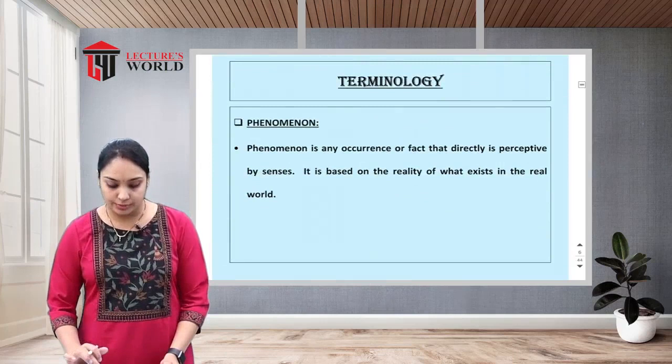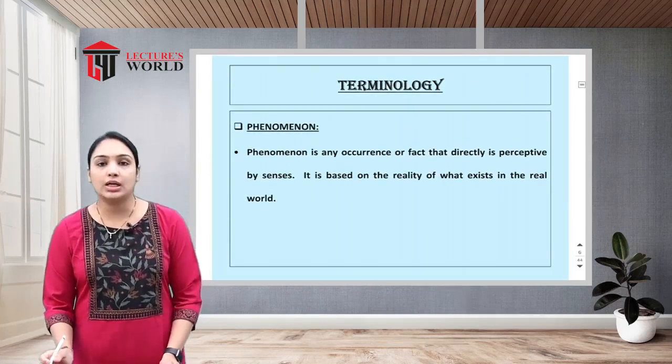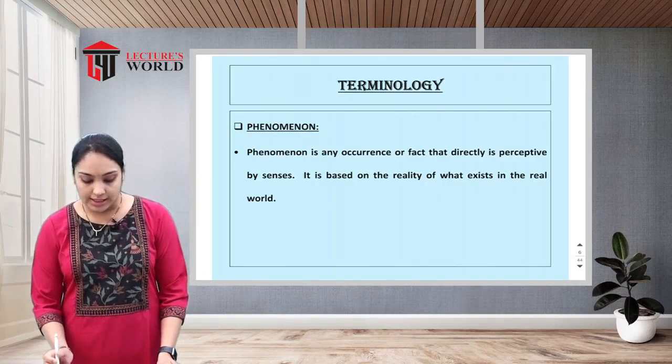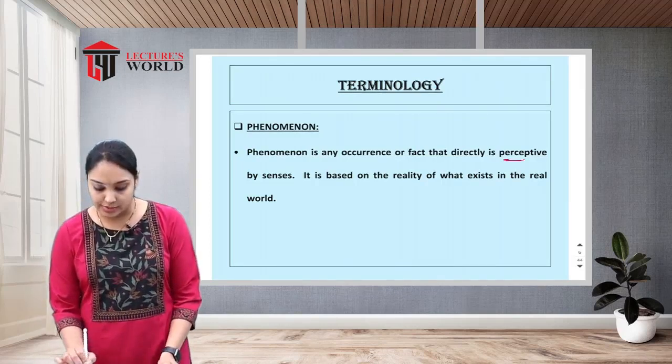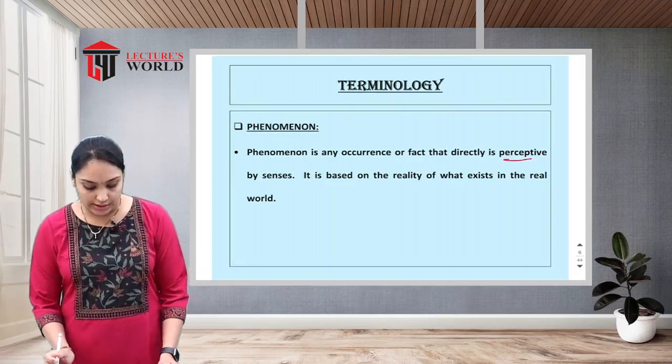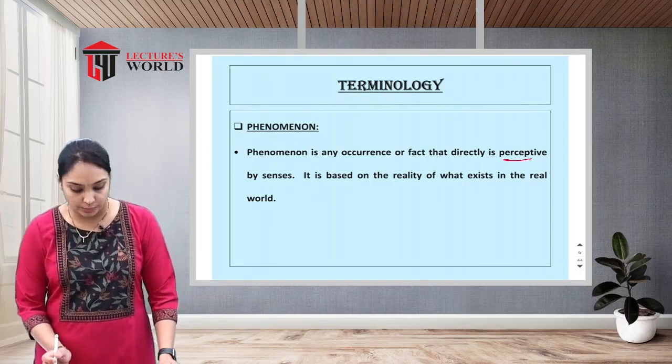Next one is phenomenon. Phenomenon is any occurrence or fact that is directly perceptible by the senses. It is based on the reality of what exists in the real world.